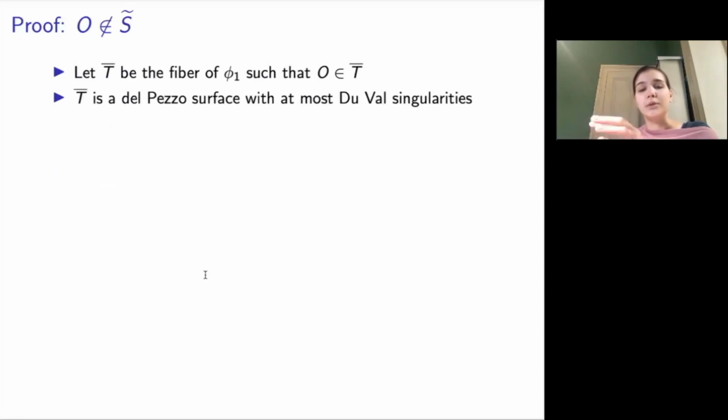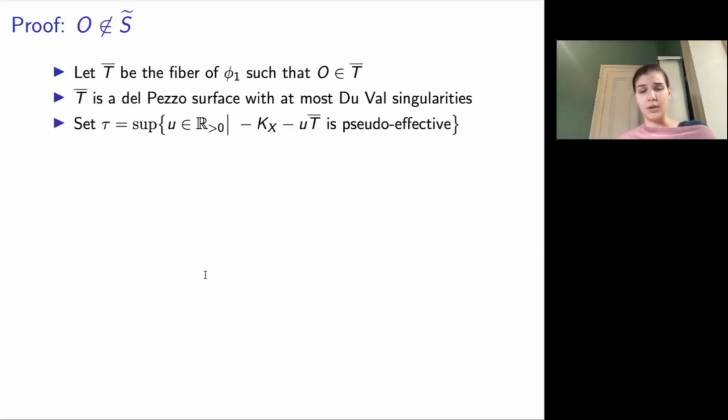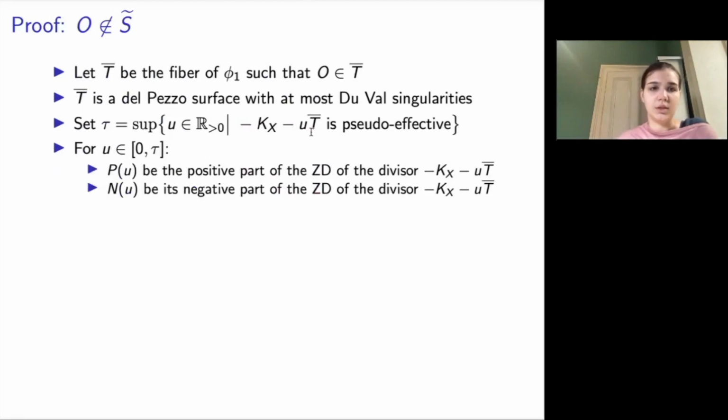So this fiber will be a del Pezzo surface with at most du Val singularities. We can compute the pseudo-effective threshold of the divisor, which is minus K_X minus u T bar.